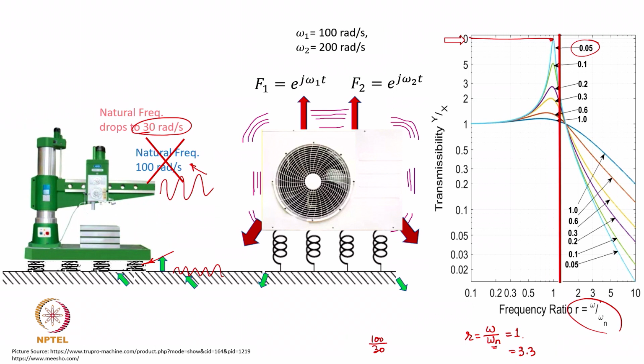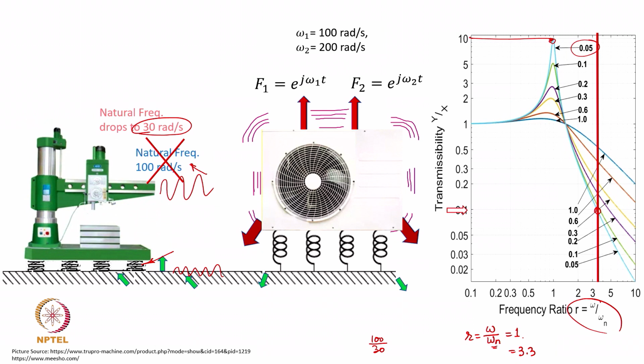With a 3.3 frequency ratio, my operating point slides from here to somewhere there. And with that, the transmissibility is reduced from 10 to 0.1. So, it is almost like a 100 times reduction in the amplitude of the system.